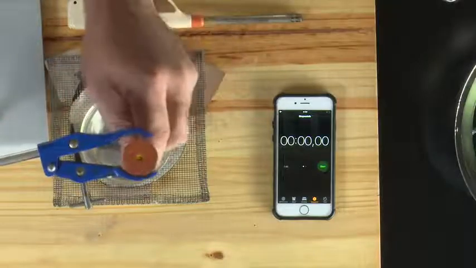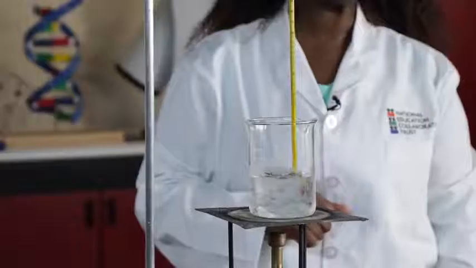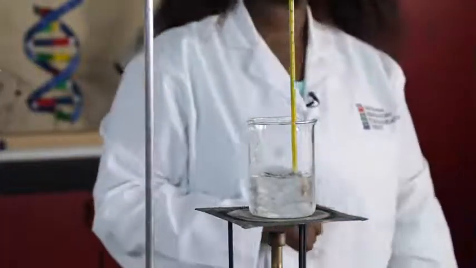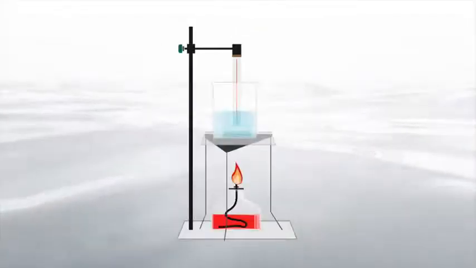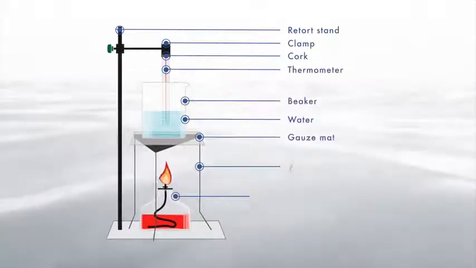Support the stopper in the retort stand clamp and immerse the thermometer in the beaker of crushed ice. Do make sure that the thermometer is a couple of centimeters above the bottom of the beaker. It must measure the temperature of water rather than the temperature of the flame. Here is a diagram of the apparatus. You'll find the same diagram in your worksheet.